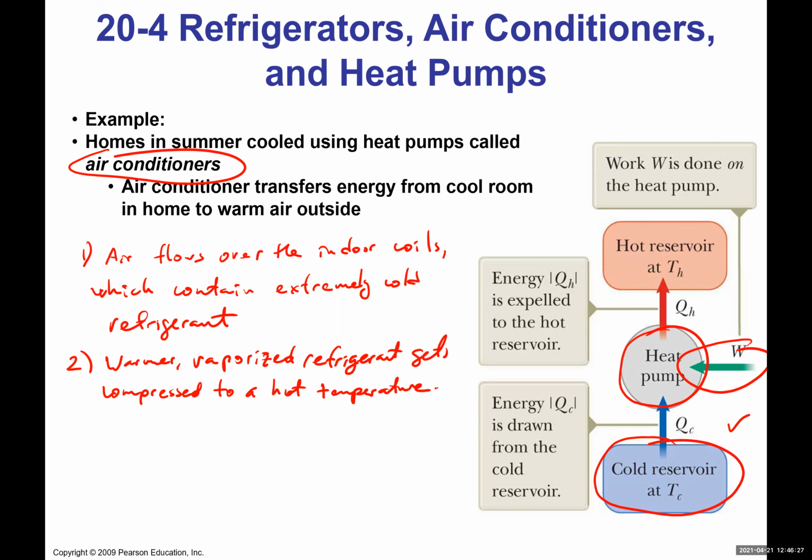That means, for example, if outside is 100 degrees Fahrenheit and you make your refrigerant 120 degrees Fahrenheit, then spontaneously, naturally, the heat will flow from the gas, from this refrigerant, to the air molecules outside. Okay, that means the temperature of the refrigerant will drop, right? It will cool down.